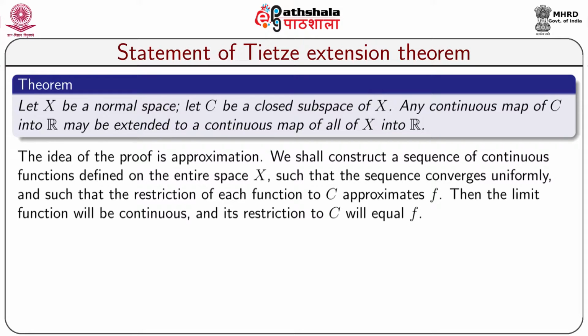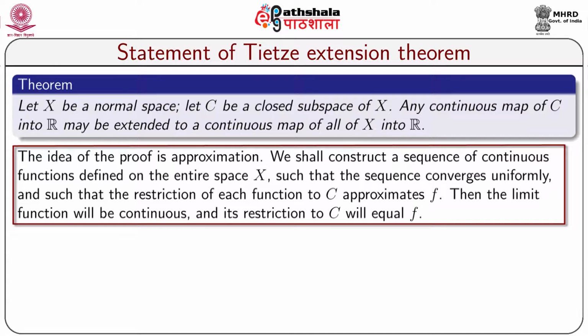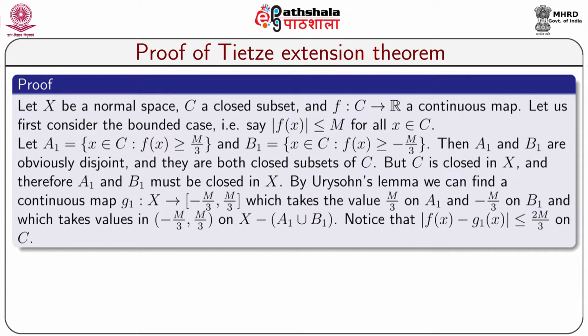Now, coming to the proof of this theorem, the basic idea of the proof is approximation. We will make a sequence of continuous functions and then we will take their sum such that the sum will ultimately be equal to f. So, let us come to the proof.